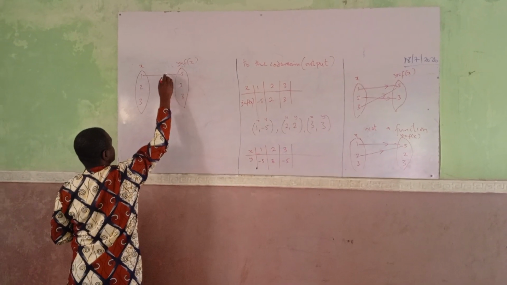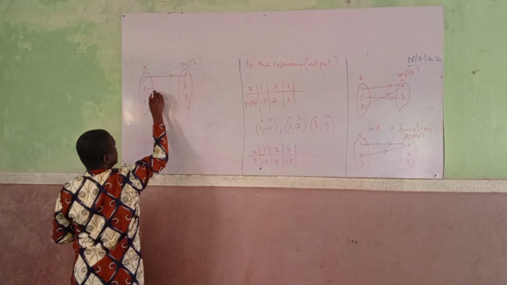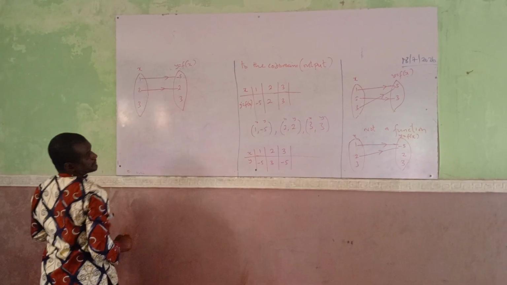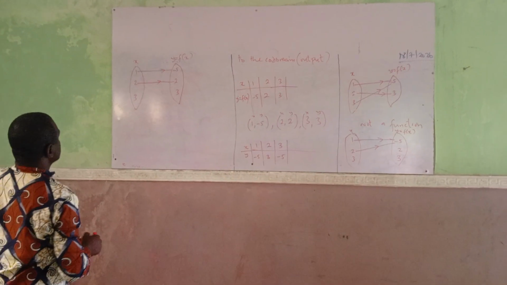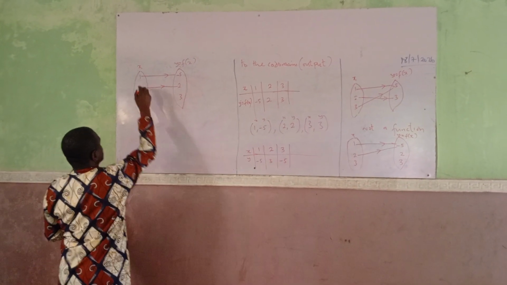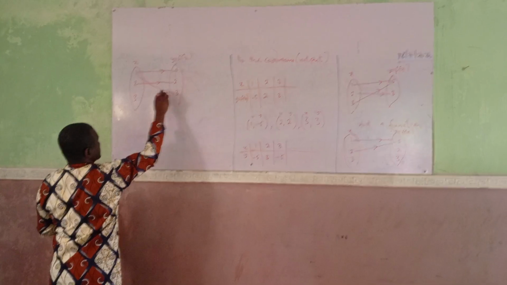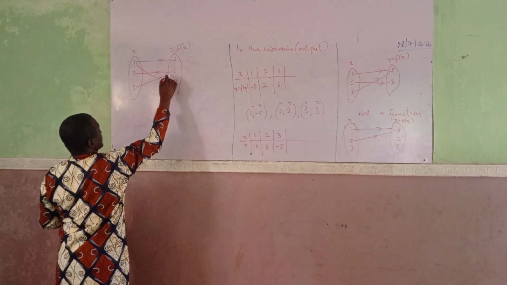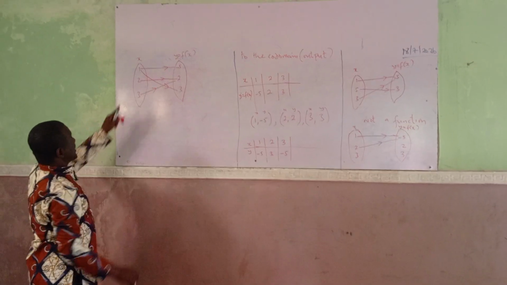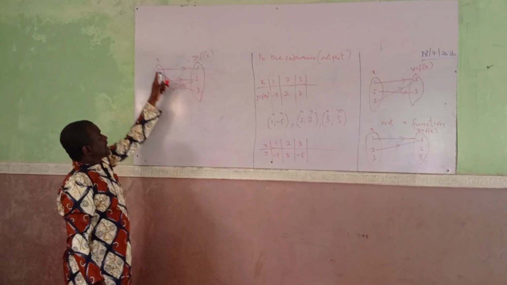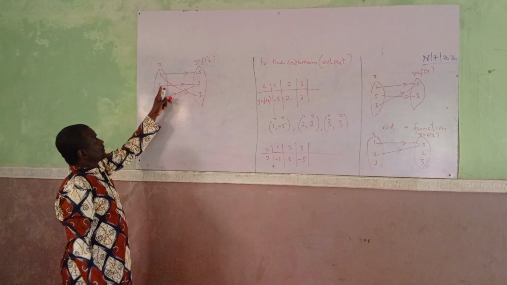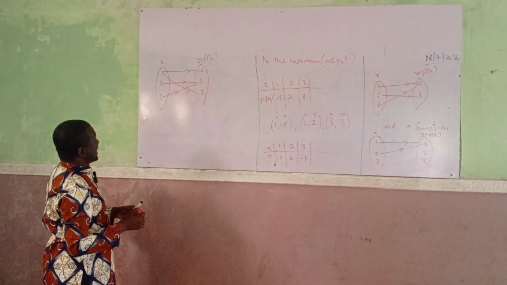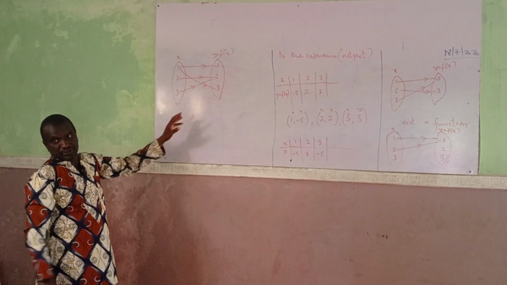This is mapping this, this is mapping this one, and we also have this one mapping this. So here we have 1 is mapping 5 and 1 is mapping 3. 2 is mapping 2. 3 is mapping 2. Is that okay? And so if you look here, this one is not a function.